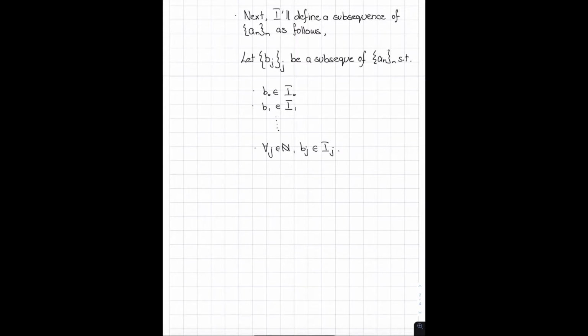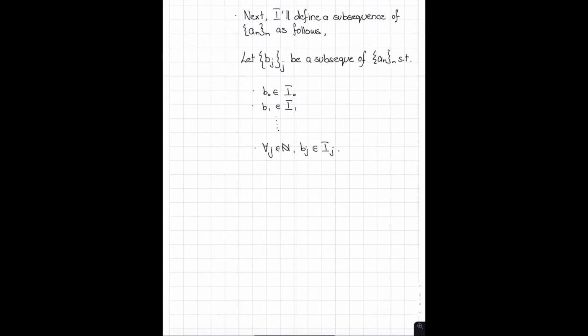The very important thing to note is that this is always possible, because in each one of these intervals, I of 0, I of 1, I of 2, and so on, as long as j is finite, I have an infinite number of terms of the sequence a of n.